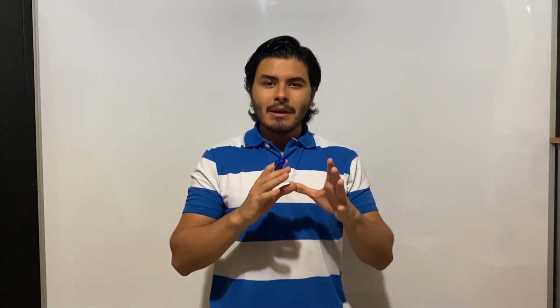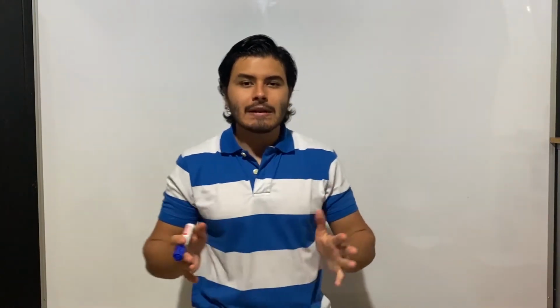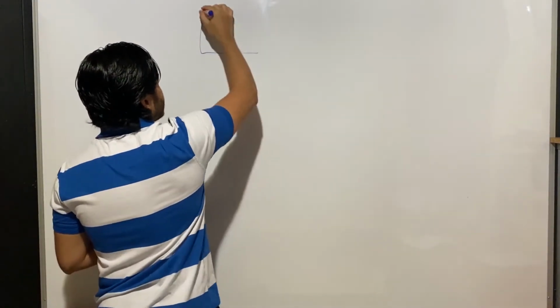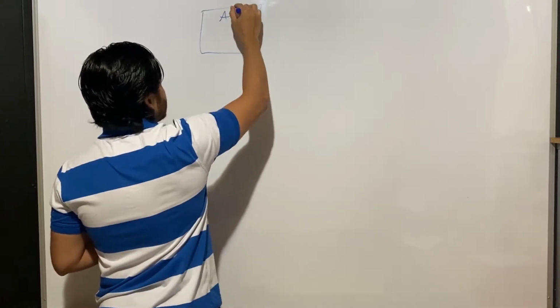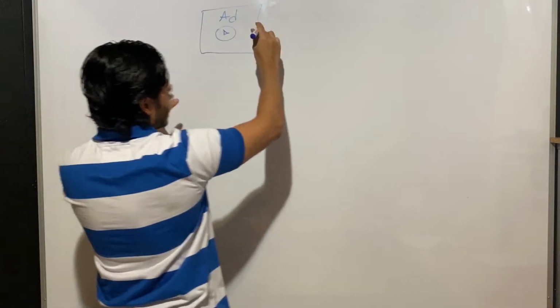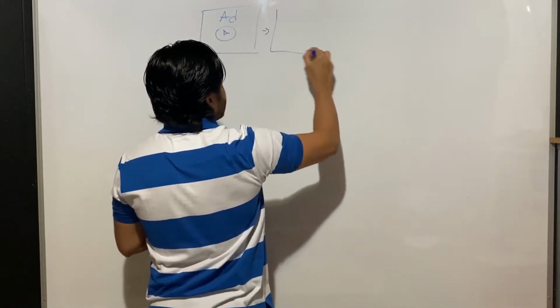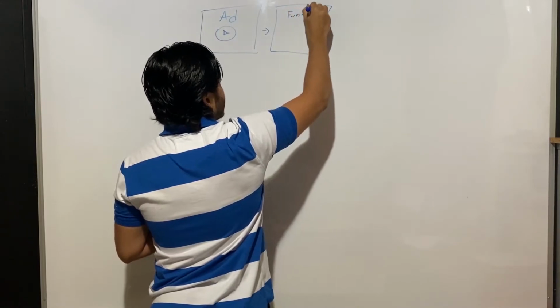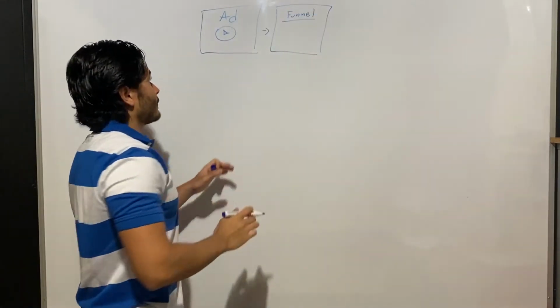So let's start. Let's imagine the sales process as simple as possible. First step, you have your ad, and after your ad, you will have your funnel or your process.